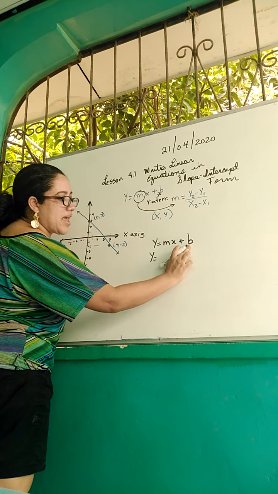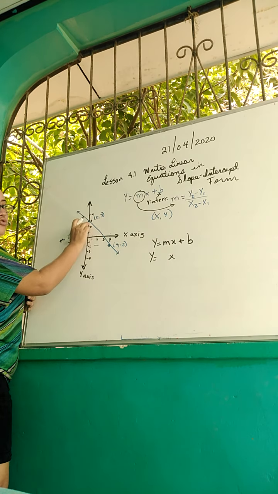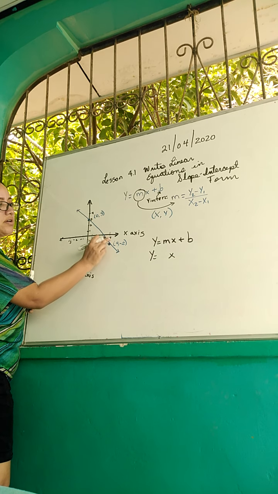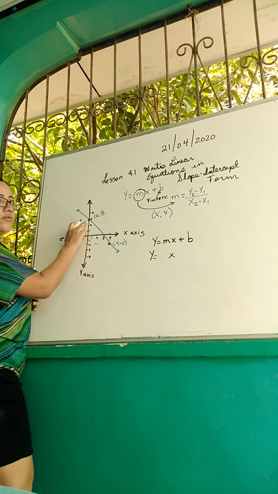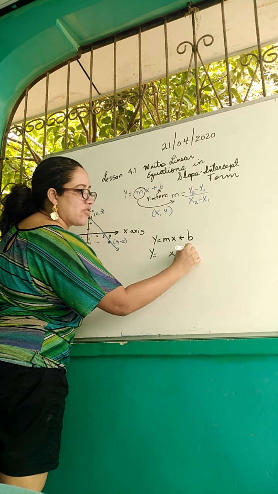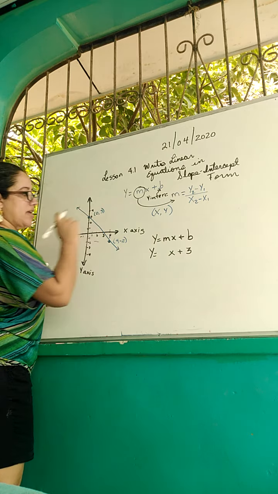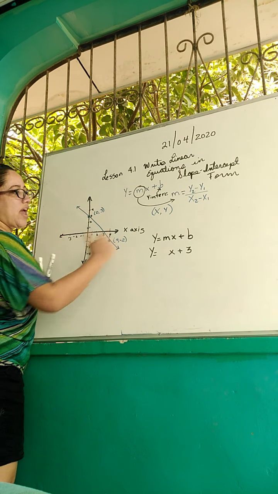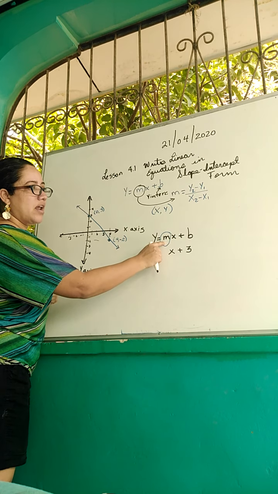What about the y-intercept? Yes, we do, because this is the point where it touches the y. Since this is positive, it will be plus 3. Now we have to calculate this one. How do we calculate it?